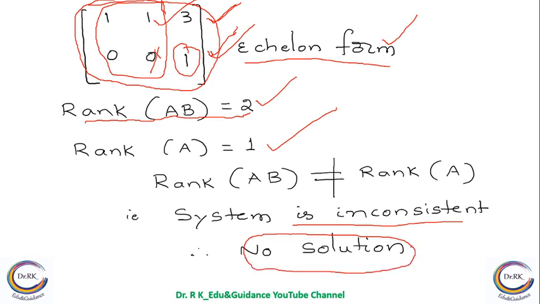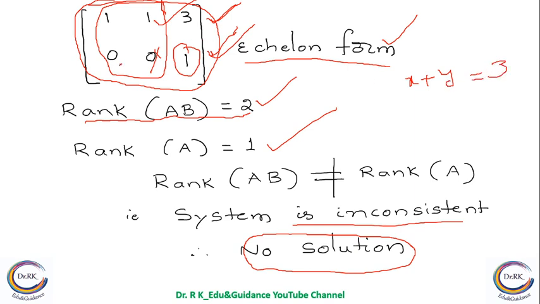That is the last case. Now the outcomes, how to remember this? Suppose we fail to remember these cases, rank of AB equal to rank of A, then also no problem. Suppose we ignore this and try to solve the equation. Once we have the echelon form, if we try to write the equations here, what we get is x plus y equal to 3, right?